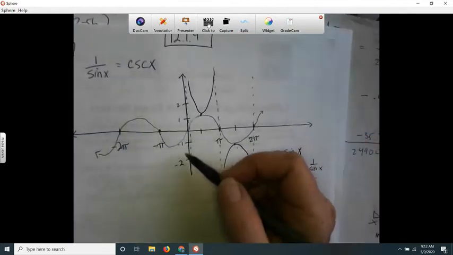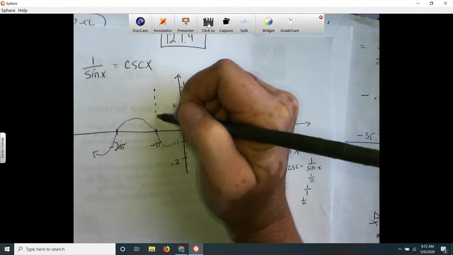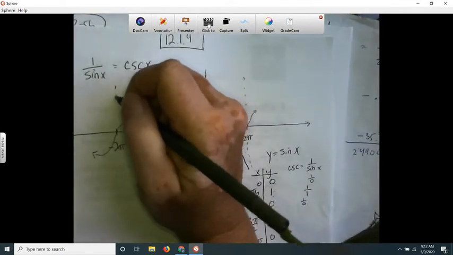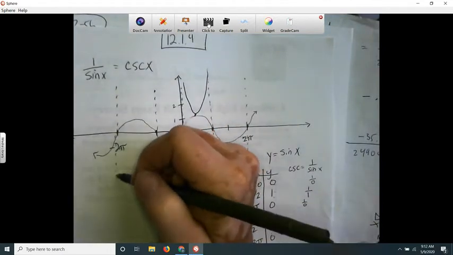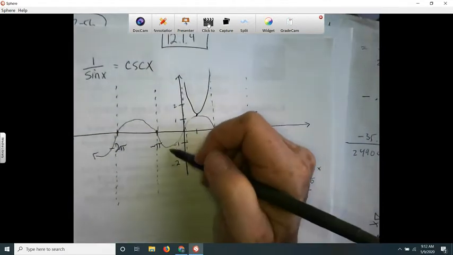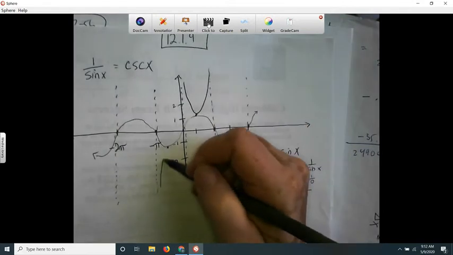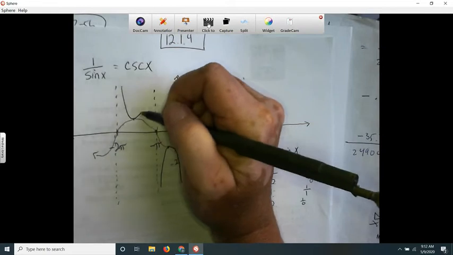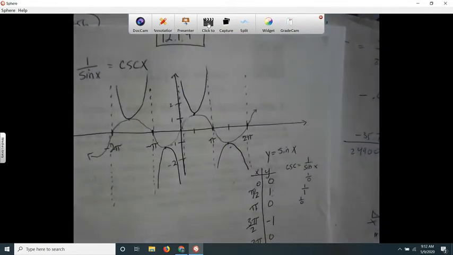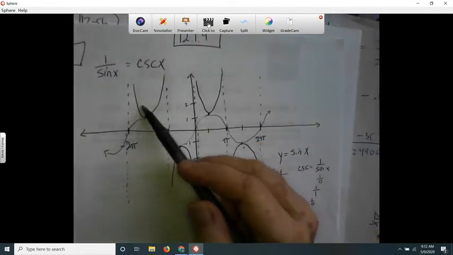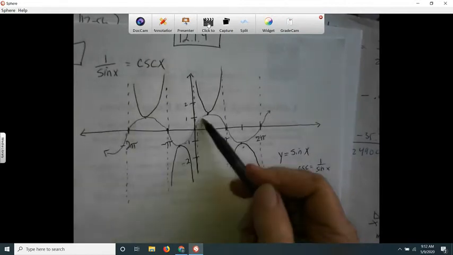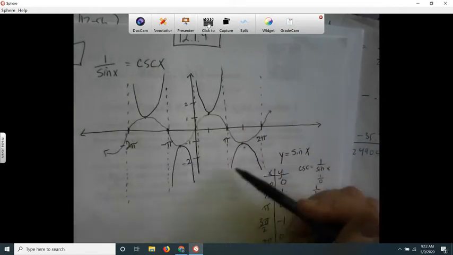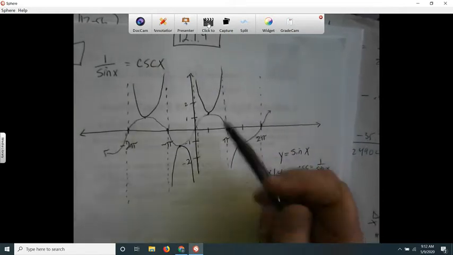Wherever the sine graph hits the x-axis, that's where the reciprocal of sine, which is cosecant, is going to have an asymptote. And then we're always going to have these U shapes. I hope that's a good enough explanation. This graph is just sine. I just used it to help me draw the graph of cosecant. The graph of cosecant is just the U shapes, and it's got these asymptotes.